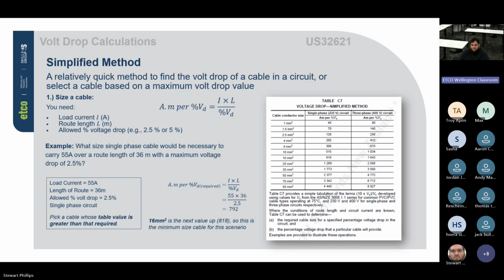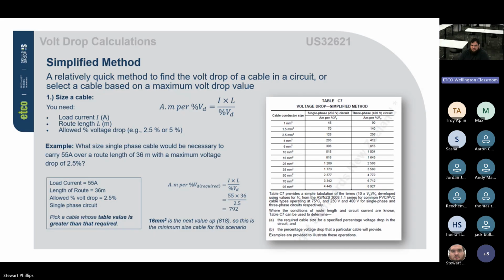Car park lighting, pumps, yeah. I've had to run 16 mil cable for car park lighting just because it was such a long run. If any of you work on street lights, or film lighting, yep.